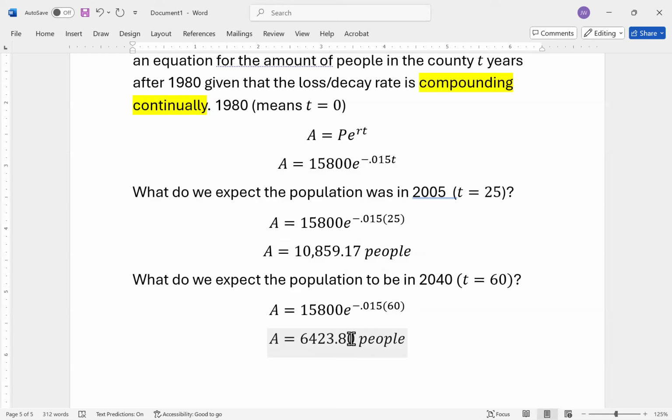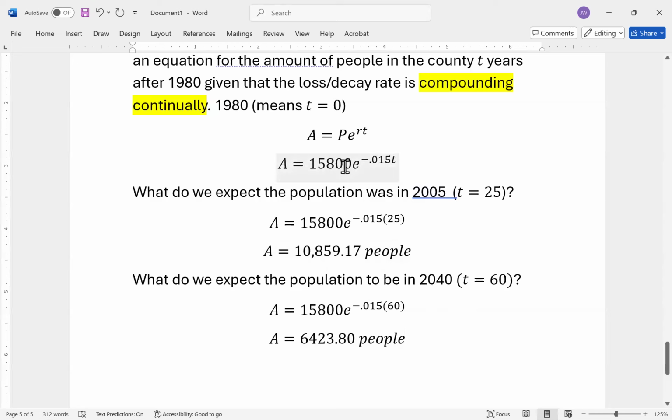Yeah, 4,400. So we dropped by 5,000 those first 25 years, and then the next 35 years after that, we dropped by another 4,436 people, roughly. So there you go. That's what's happening.